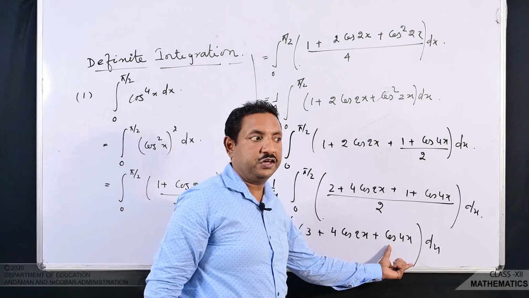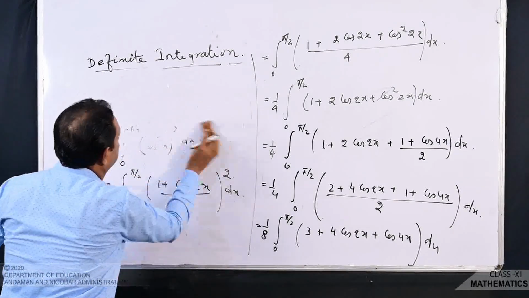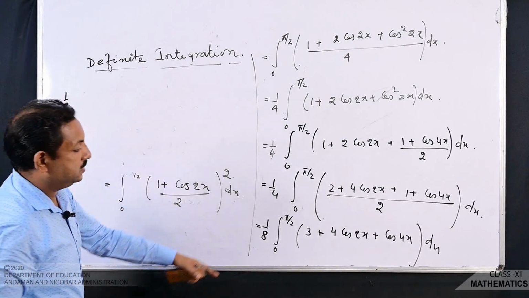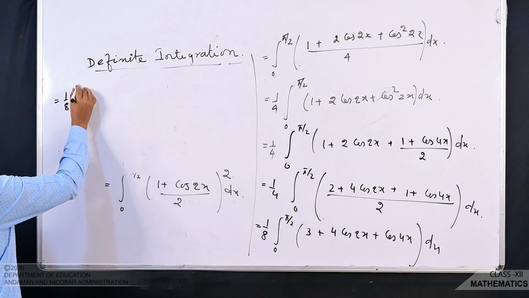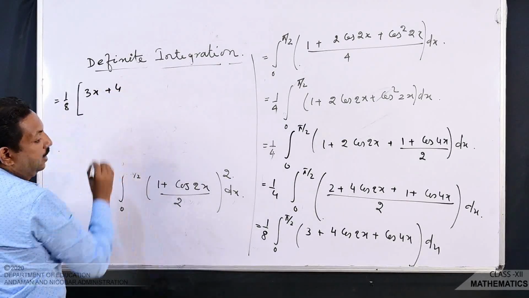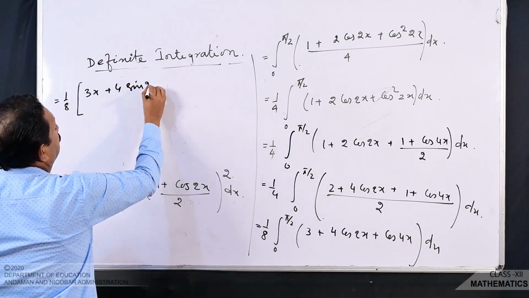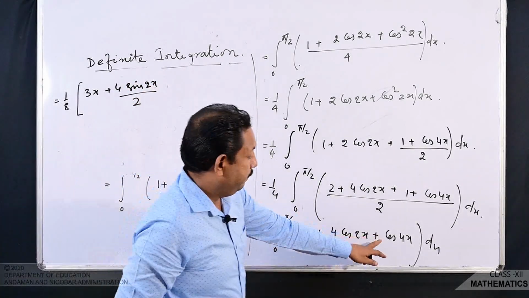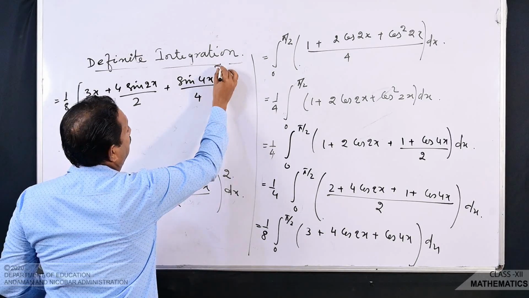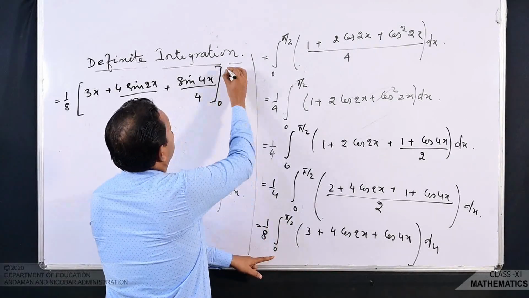We can do the integration over here. So, our integration now becomes 1 by 8 times 3x plus 4 times the integration of cos 2x, that is sin 2x by 2, plus sin 4x by 4, and your limit is 0 to pi by 2.